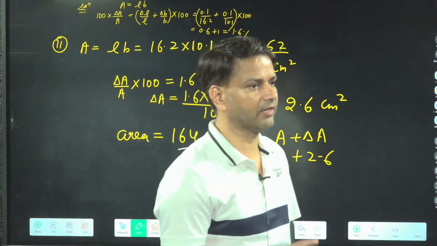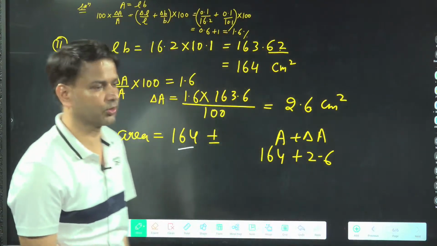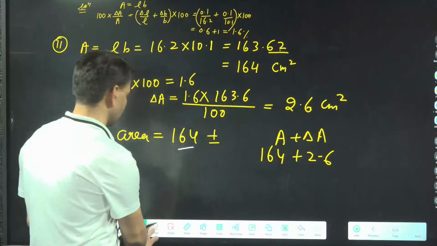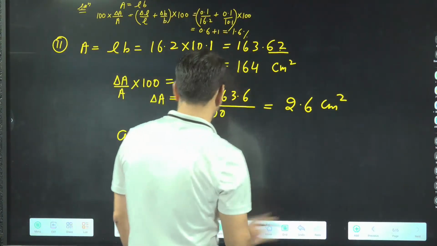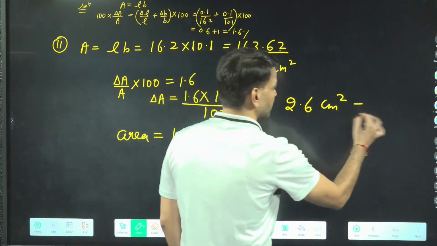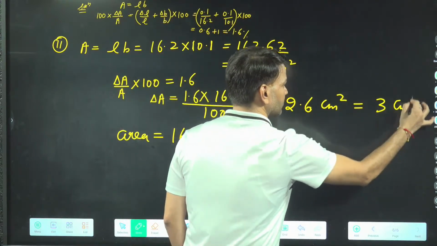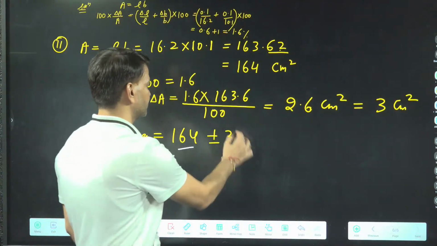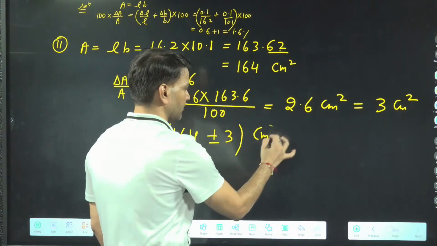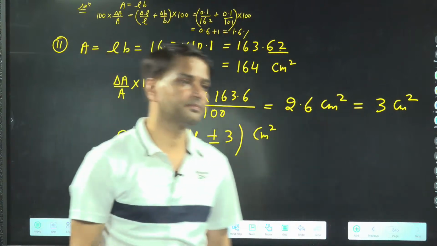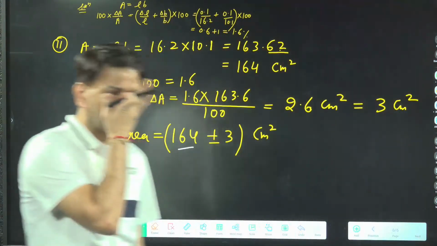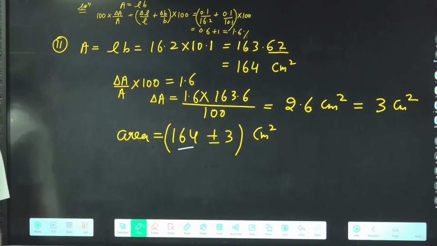So we will not write the error as 2.6, because the area we are determining in the integer, so the error also we will write in the integer. After rounding off, this is equal to 3 centimeter square, and you will write plus minus 3. Completed?